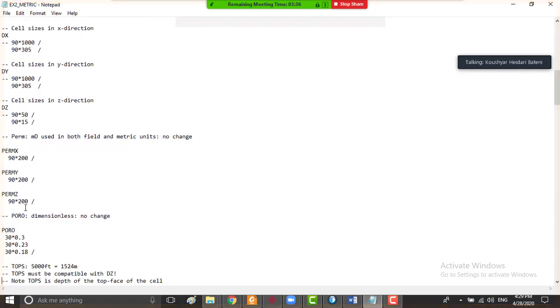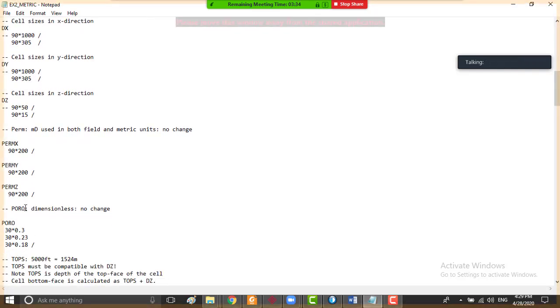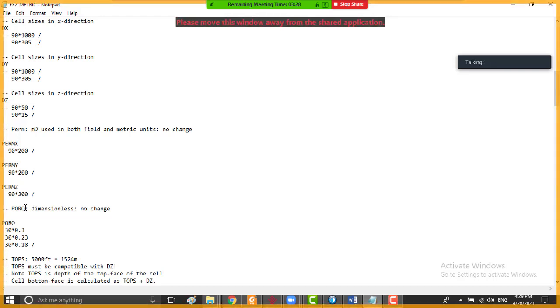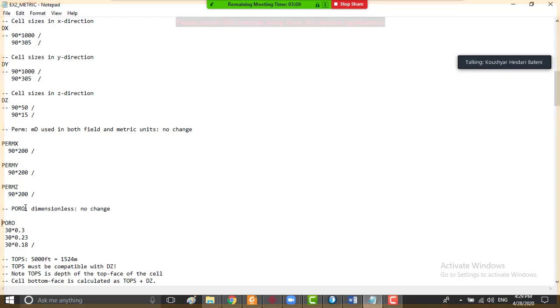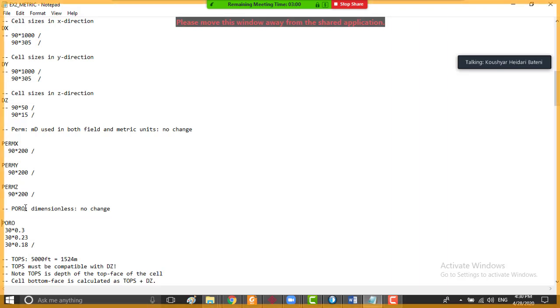For porosity, the information is this. In the first layer, the porosity is 30%. This is the thing that the geologists and the ones who work in the rock properties labs tell us. They have gathered the samples, they have done the experiments, and they have given us the data.